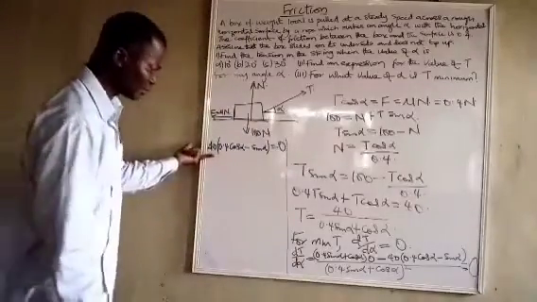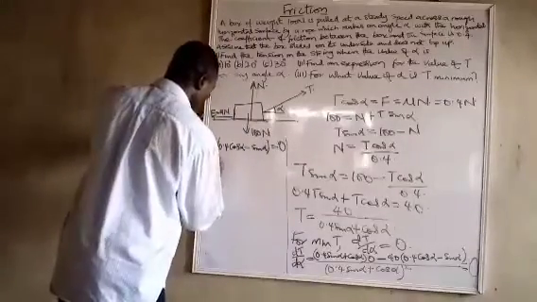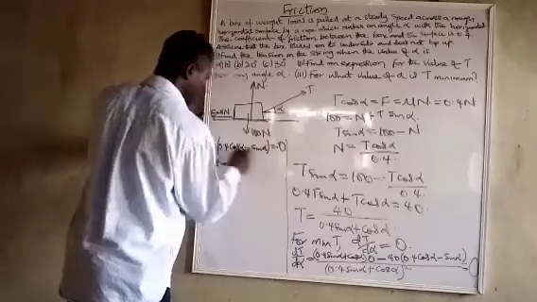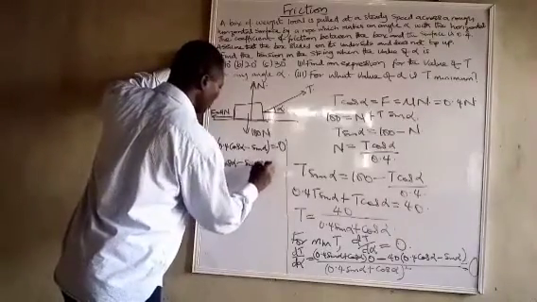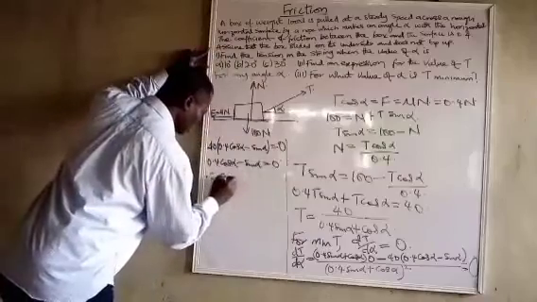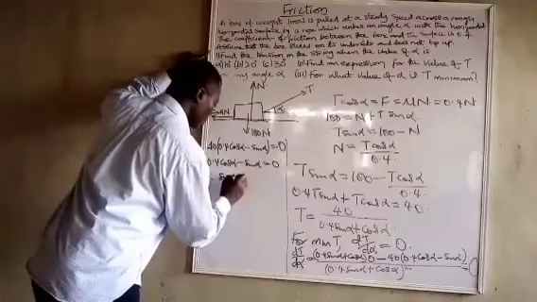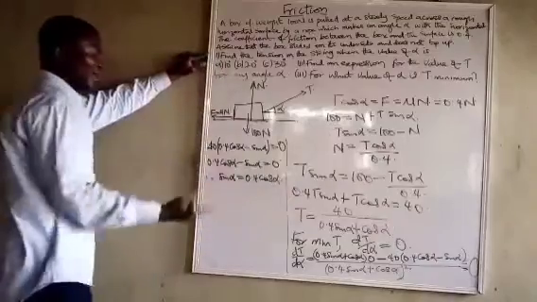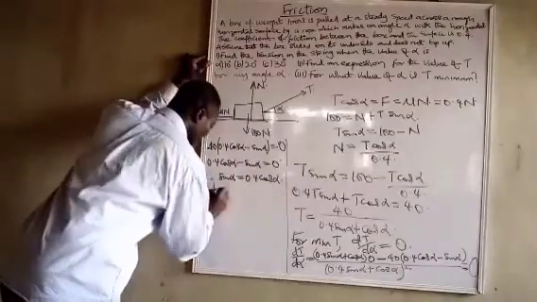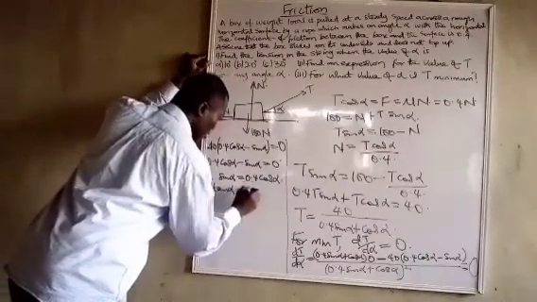So this one has nothing to do there again. We have 0.4 cos alpha minus sine alpha equals 0. Therefore, sine alpha is equal to 0.4 cos alpha. Divide through by cos alpha. It means that tan alpha is equal to 0.4.